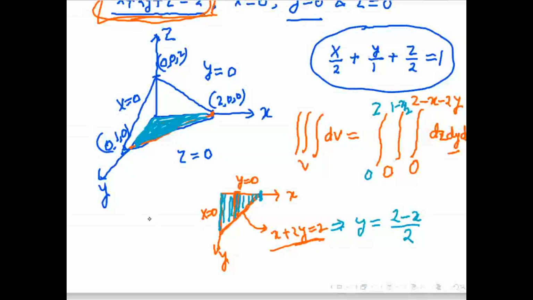So it will start from x equal to 0. It will go up to x equal to 2, because at this point y equal to 0. If you put y equal to 0 in this line also, then you will get 2. Or you can see from here 2 comma 0 comma 0. So x equal to 2 here. It will start from x equal to 0. It will go up to x equal to 2.